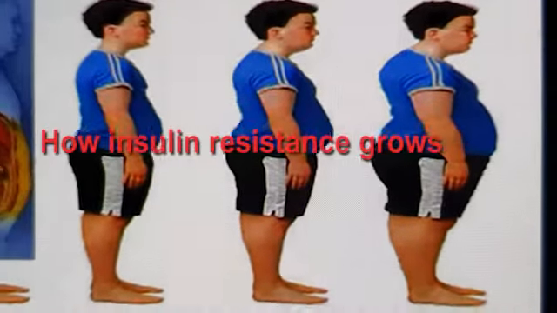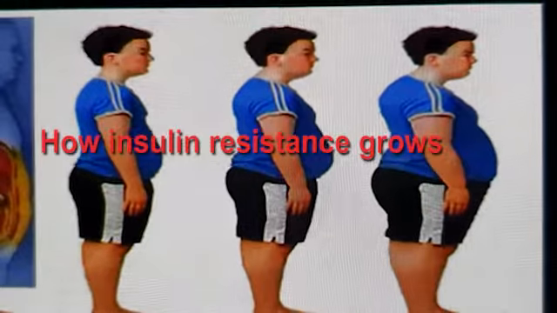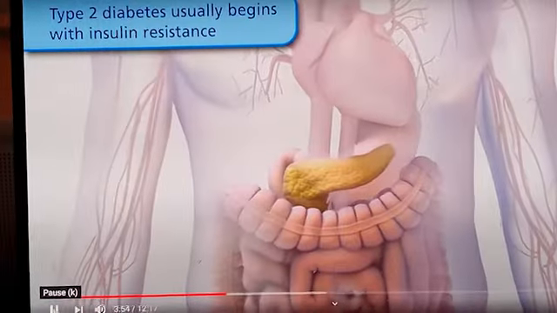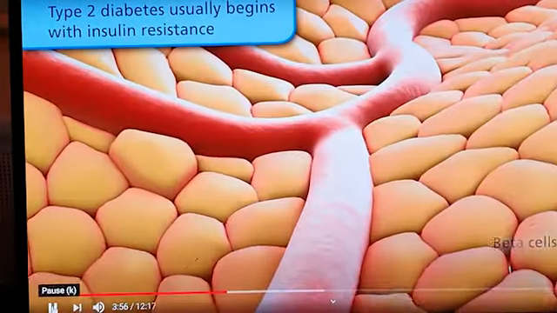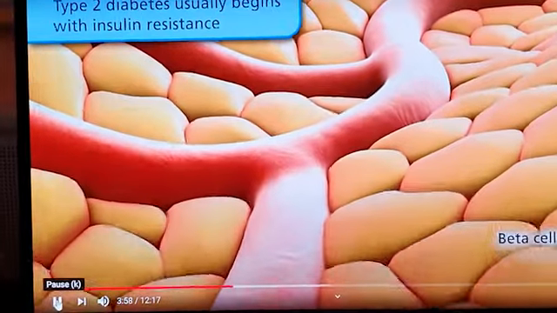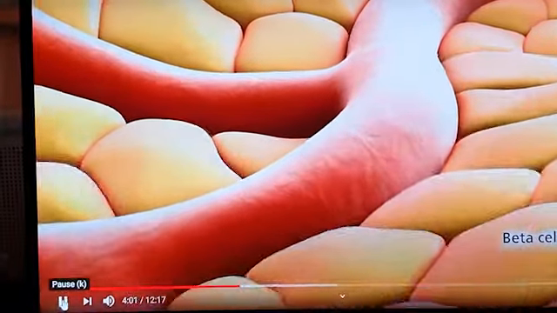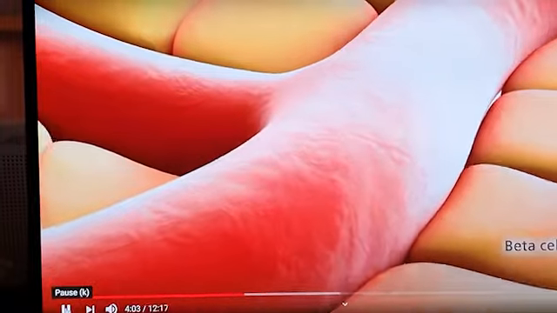This creates a process of insulin resistance because the pancreas keeps on producing larger amounts of insulin to handle the situation. There comes a situation where the pancreas cannot produce any more insulin needed to store the sugar in the fat cells. Pancreas starts to fail, meaning the insulin production falls.